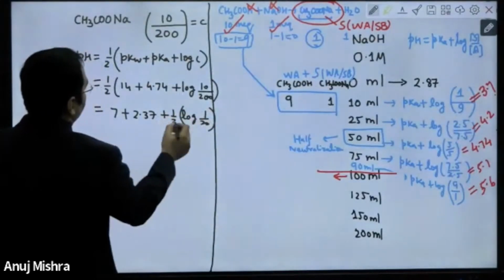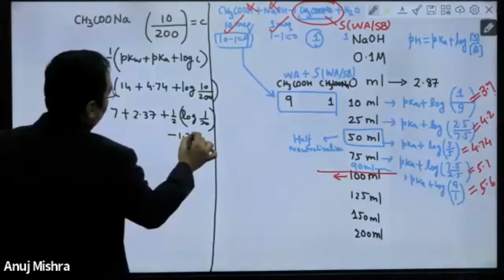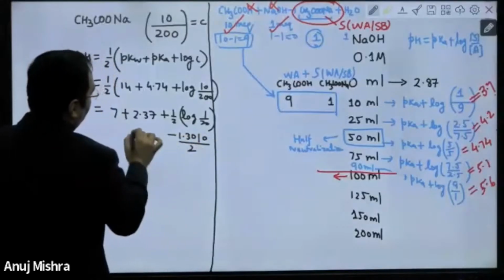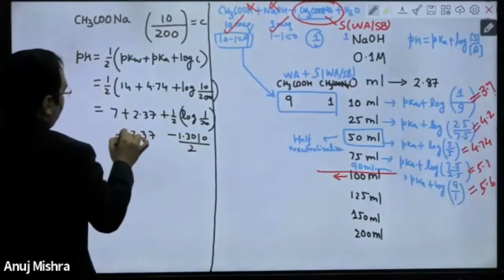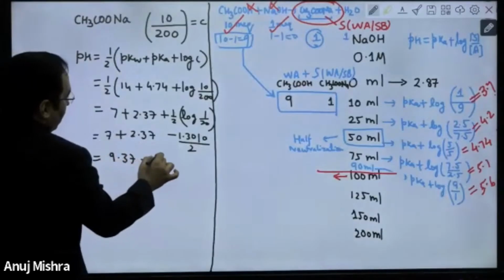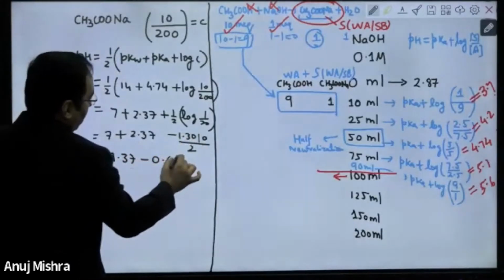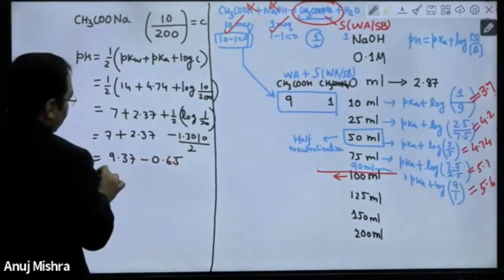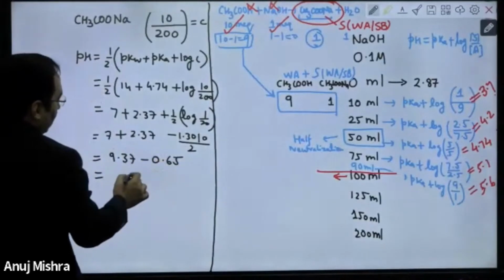Minus 1.3010. So this becomes minus 1.3010 divided by 2. 2.37 plus 7, 9.37 minus something like 0.65. So approximately. Okay.